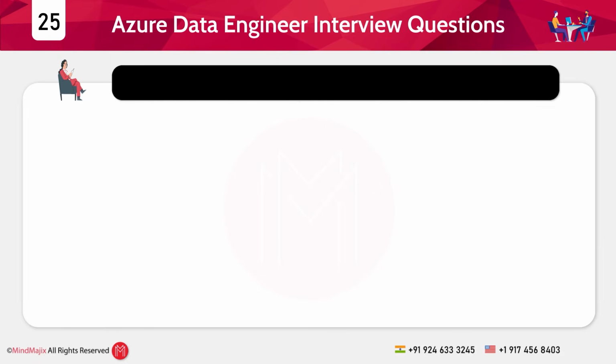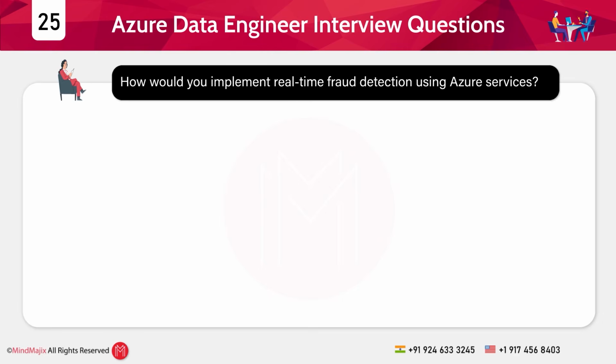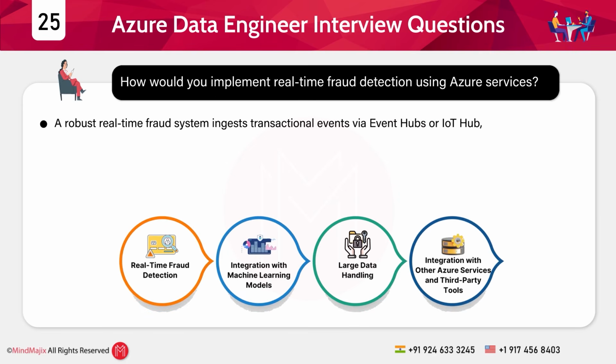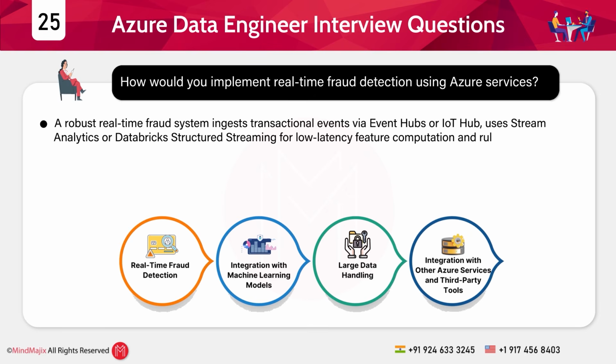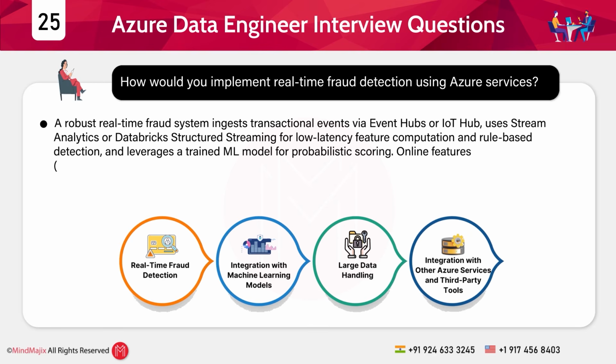The next question is, how would you implement real-time fraud detection using Azure services? So a robust real-time fraud system ingests transactional events via Event Hubs or IoT Hub, uses Stream Analytics or Databricks structured streaming for low latency feature computation and rule-based detection, and leverages a trained machine learning model for probabilistic scoring.